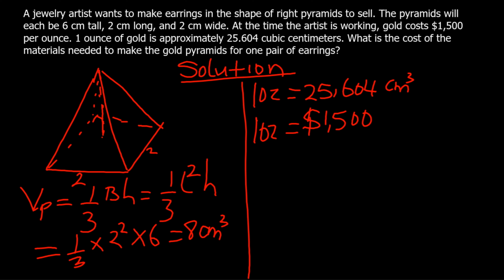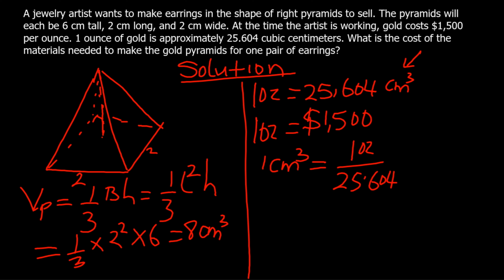So from here, we can see that 1 cubic centimeter is equal to 1 ounce divided by 25.604.